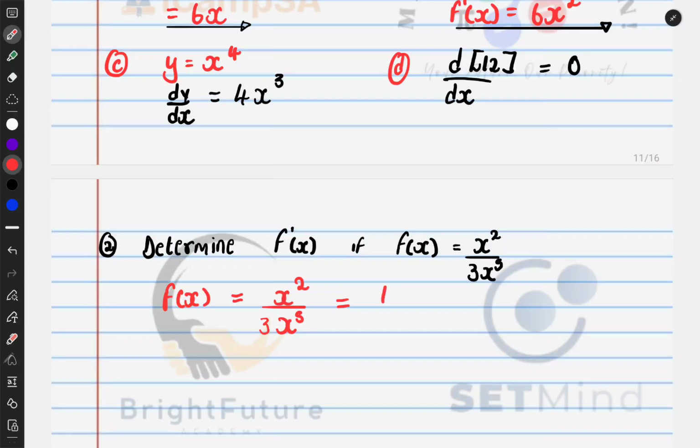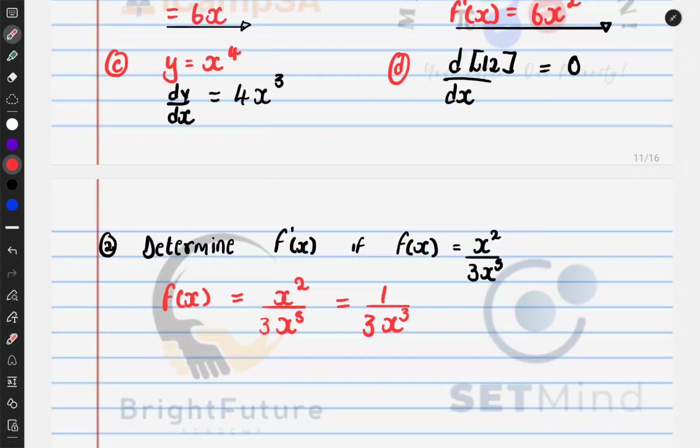So here we're gonna have 1 over 3x to the power of 3, because remember that x squared is x times x, and then x to the power of 5 is x times x times x times x, up to 5 times. That is what we're gonna have there.